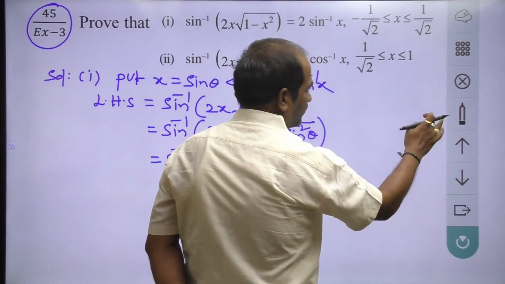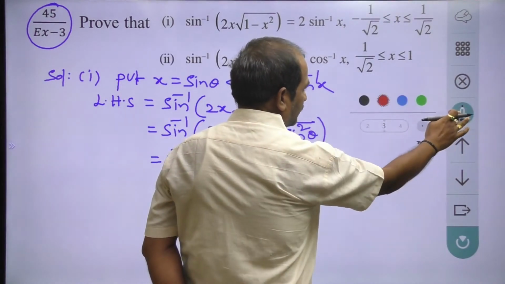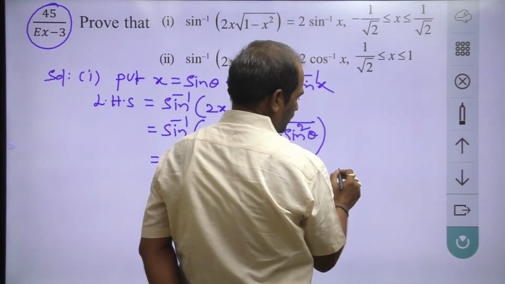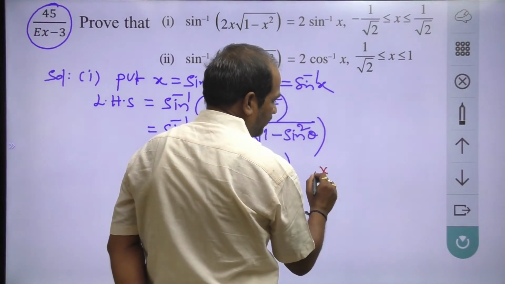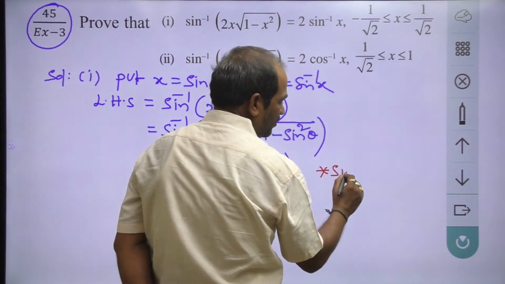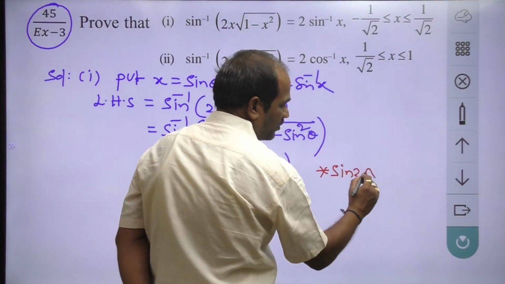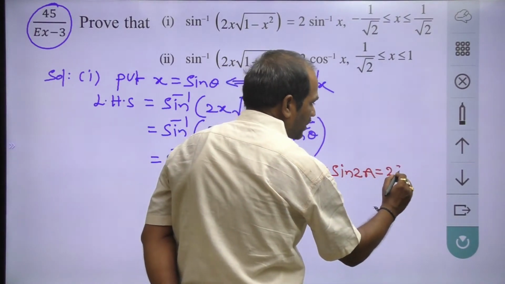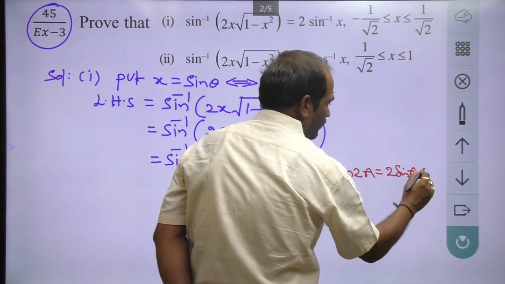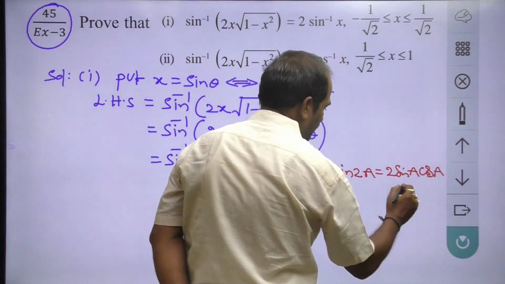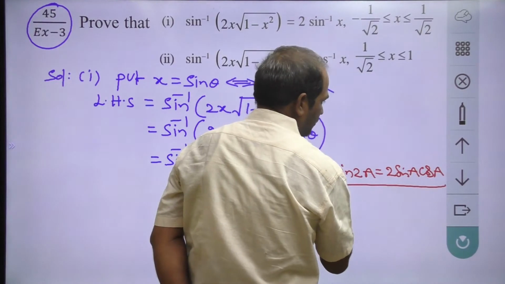See the sin 2a formula: sin 2a is equal to 2 sin a into cos a. Apply this formula.